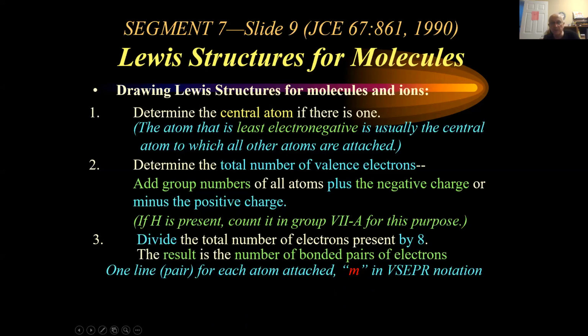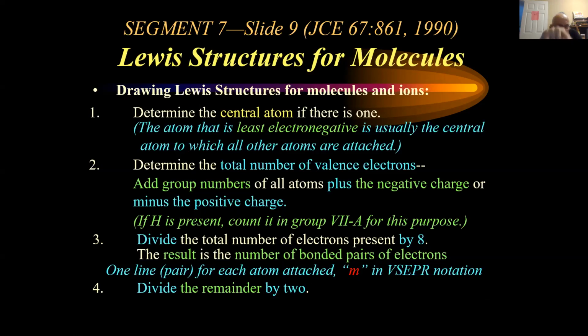Remember, we had the general VSEPR notation, AXME. Well, the way you get the value of M is you take the total number of valence electrons and divide by 8. That is the value of M. Now, that might not use up all the electrons. So all the rest of the electrons have to be lone pairs of electrons on the central atom.